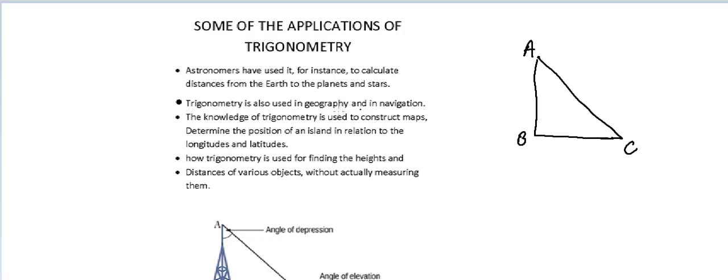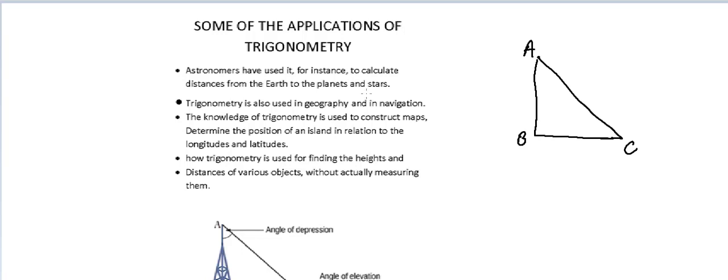Trigonometry is also used in geography and navigation to construct maps, because the basic application of trigonometry is related to determining the position as well as the distance and the height.